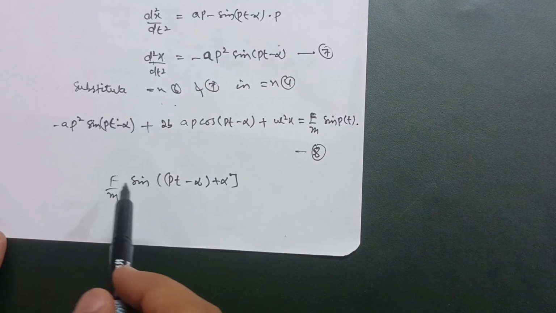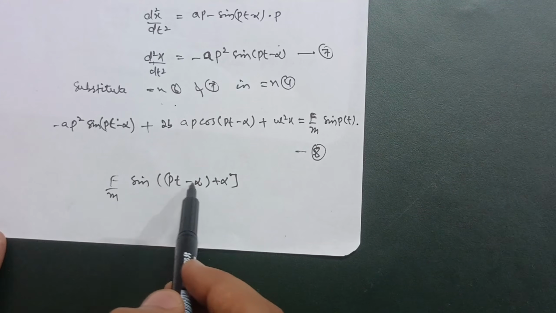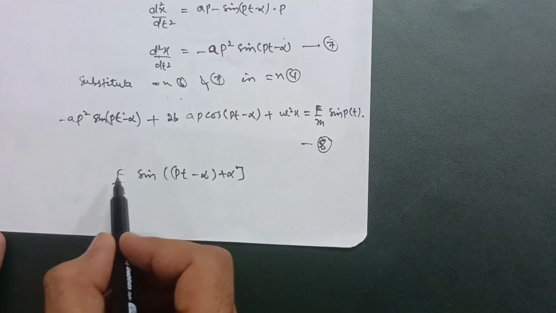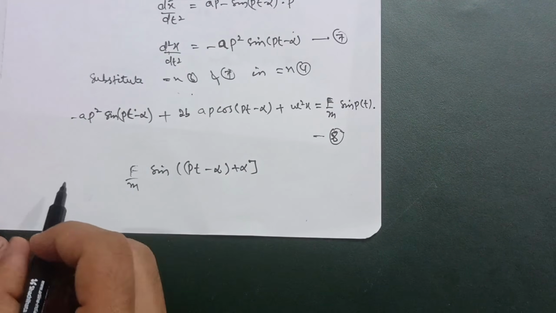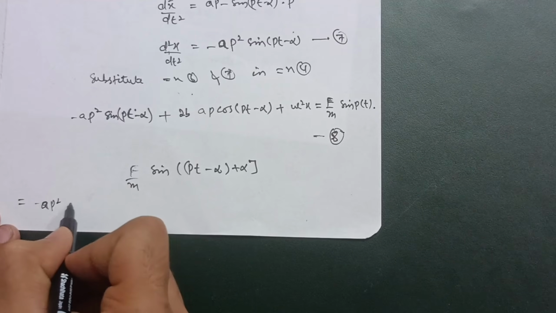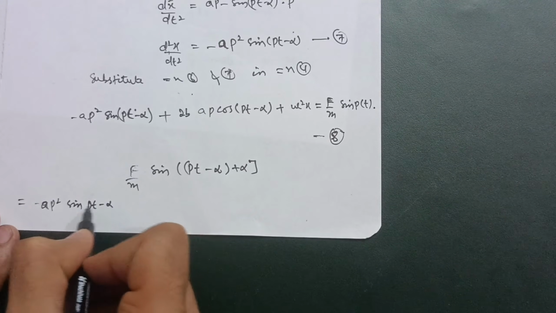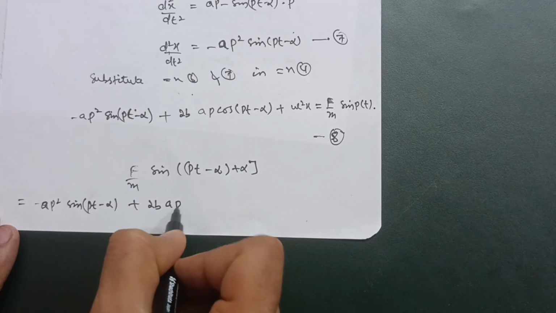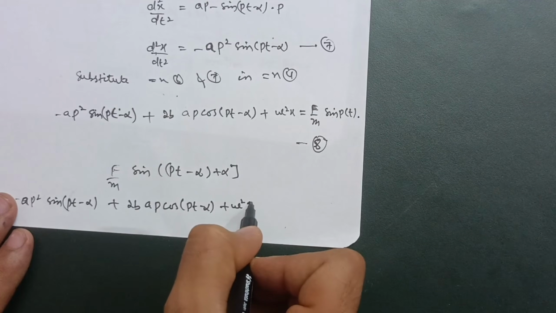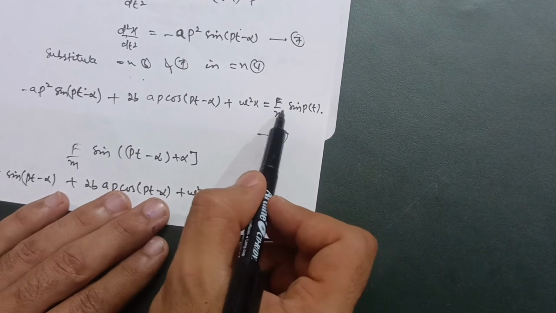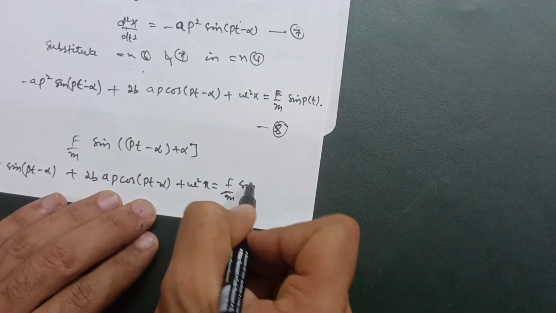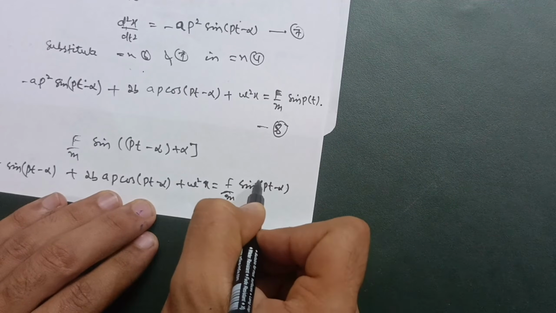Now if you substitute this value, f by m sine of (pt minus alpha plus alpha), in the 8th equation, the right hand side value is put again. I can write it as minus ap square sine of (pt minus alpha) plus 2b ap times cos of (pt minus alpha), plus omega square x is equal to f by m sine of (pt minus alpha plus alpha).